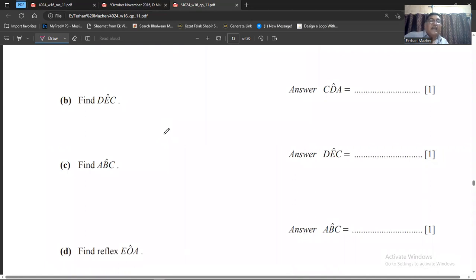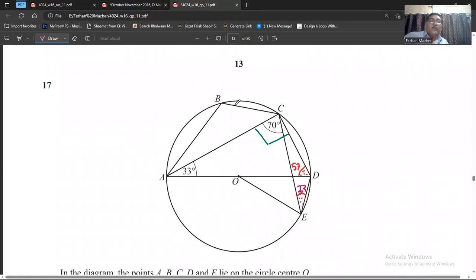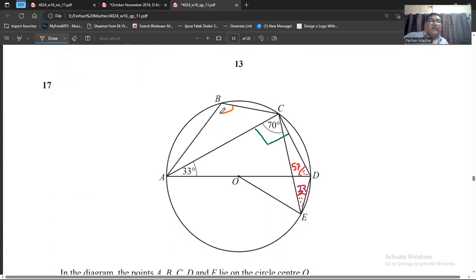He says find the angle ABC. They want me to find out this angle ABC. If you look at ABCD, it's a cyclic quadrilateral, and 57 and this angle are opposite angles of the quadrilateral.